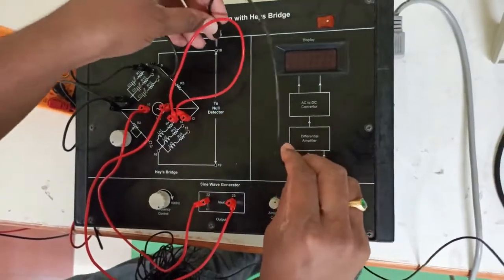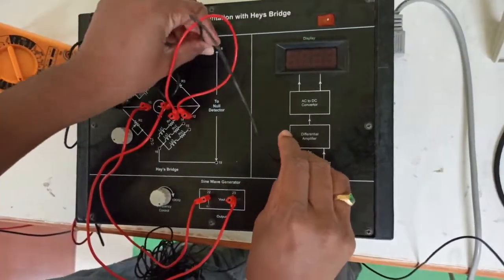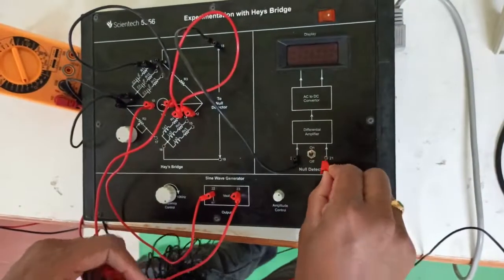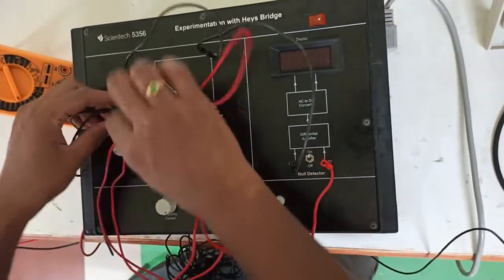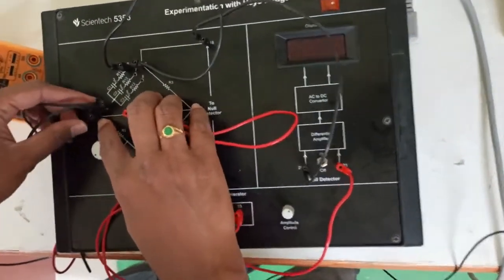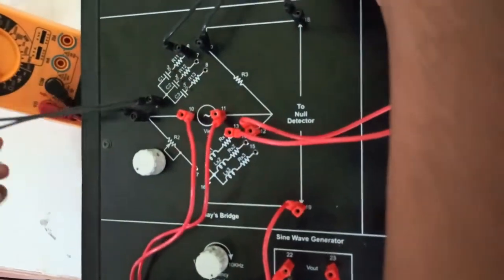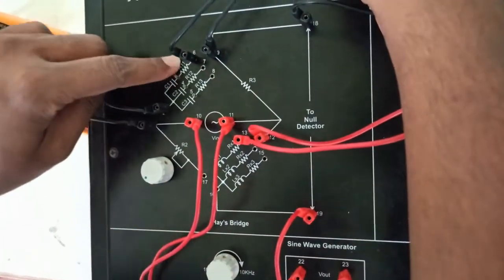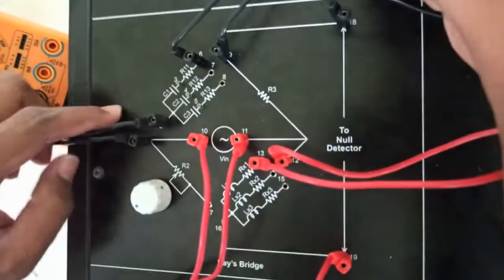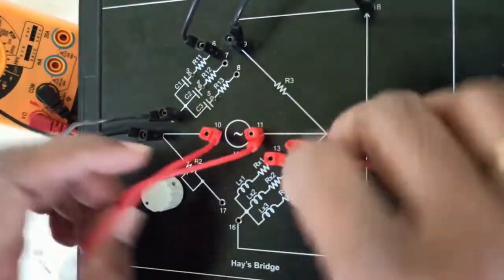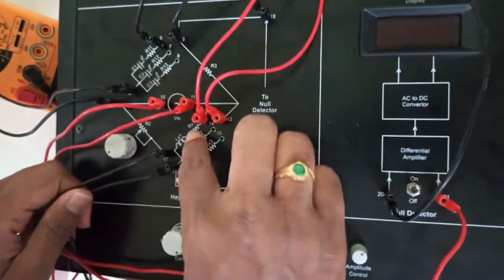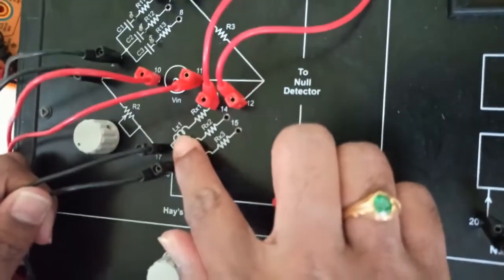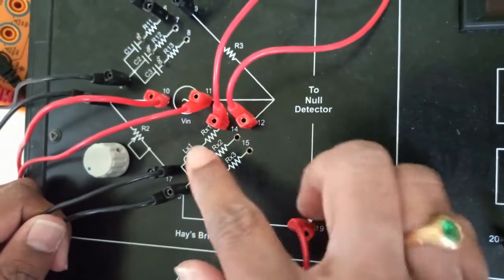You join these two terminals and these two terminals also. Here C1 and R11 are included in this bridge. You have to join these two terminals also, finding Rx1 and Lx1. This is case 1.